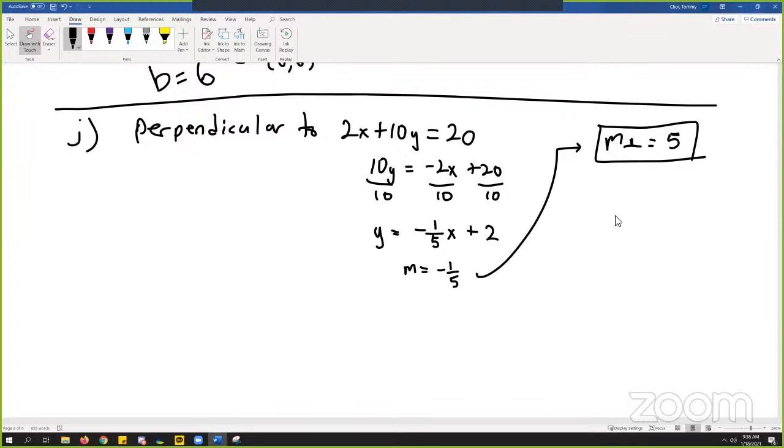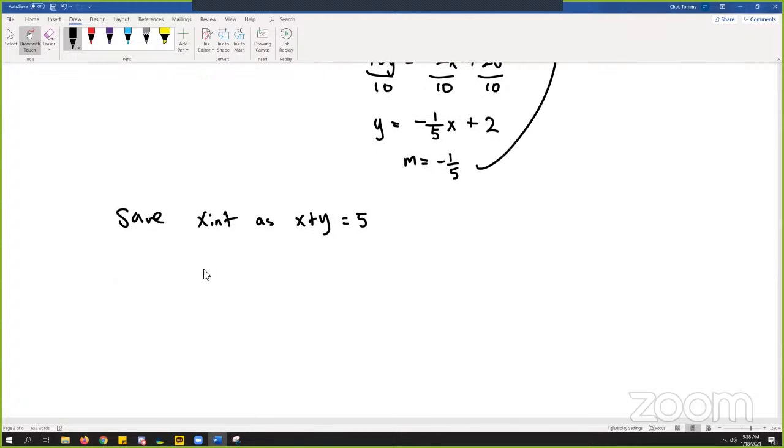It says that it has the same x-intercept as x plus y equals 5. So to solve for x-intercepts, we sub in y equals 0 into the equation. So that's going to give me x plus 0 equals 5, or x equals 5. Pretty quick.